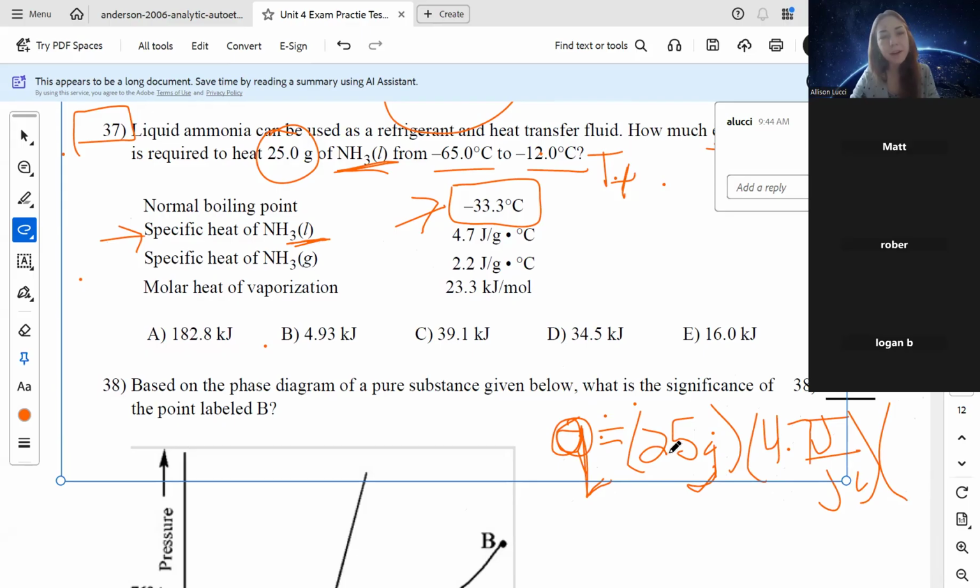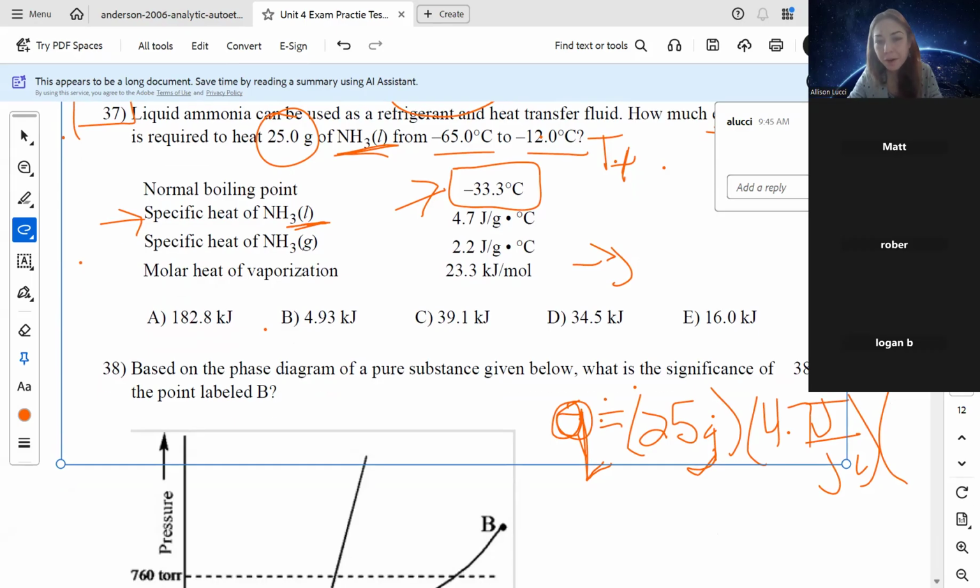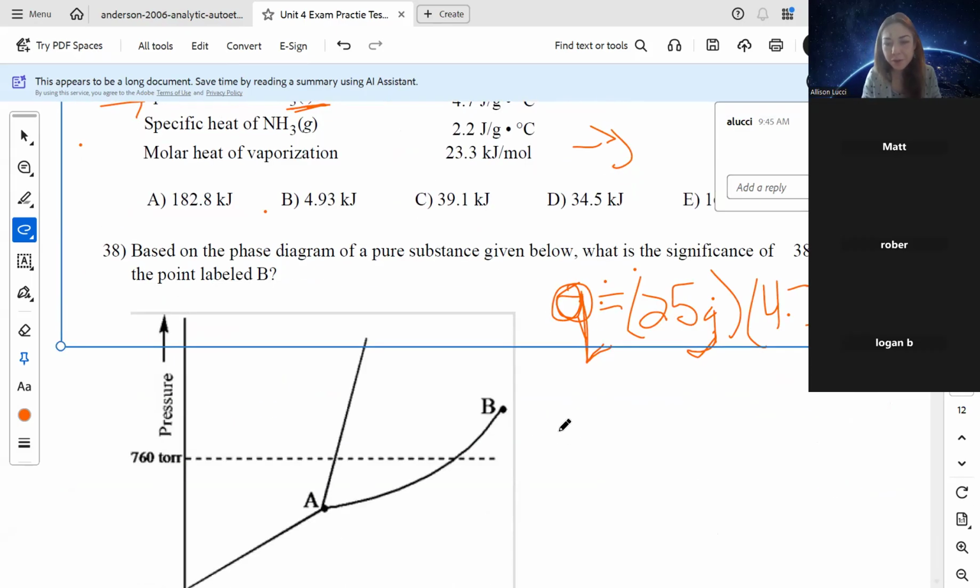This is where I have to be careful. My final temperature would be negative 33.4, because I'm right below my boiling point, and my initial temperature was negative 65.